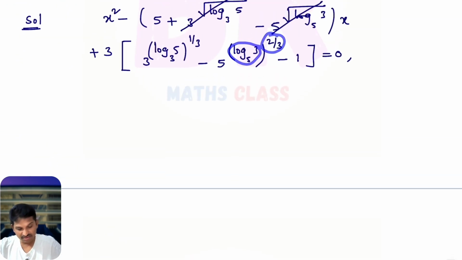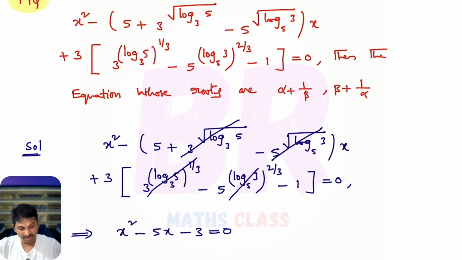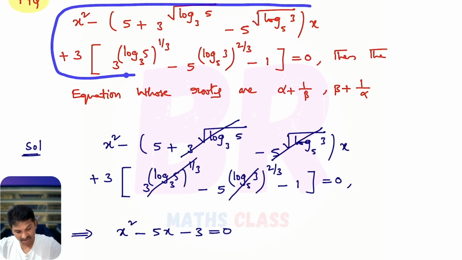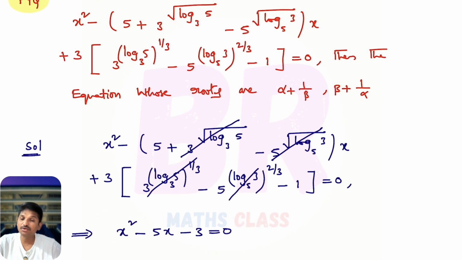So these two terms are same, they'll get cancelled. So finally, the simplest thing here is x square minus 5x, and here these things will get 3 into minus 1, that is minus 3, equal to 0. See, this is simple. This complete equation is nothing but x square minus 5x minus 3 equal to 0.